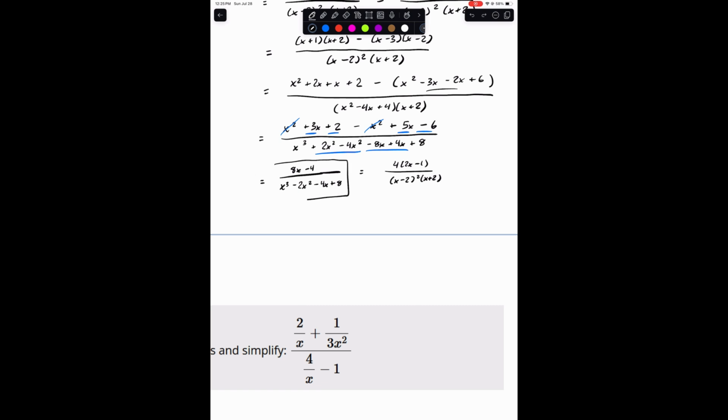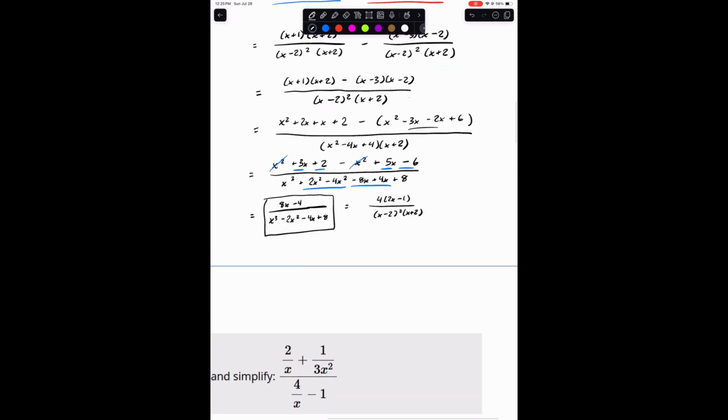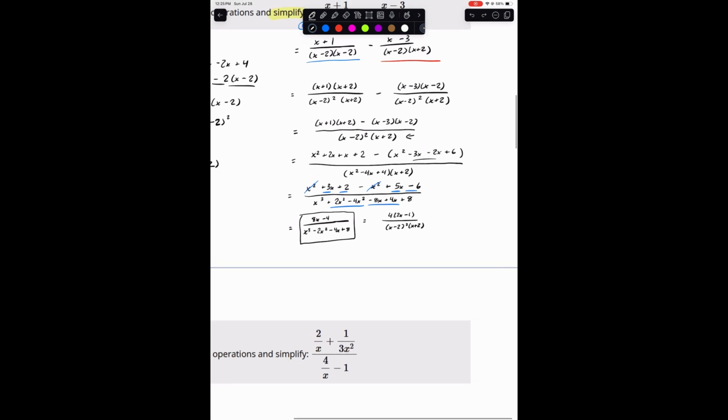So this is my answer. I should have factored first, like keep this alone, expand this, and then when I factor, I can see if there's anything to cancel, and then I can solve. Either way, we got the right answer.